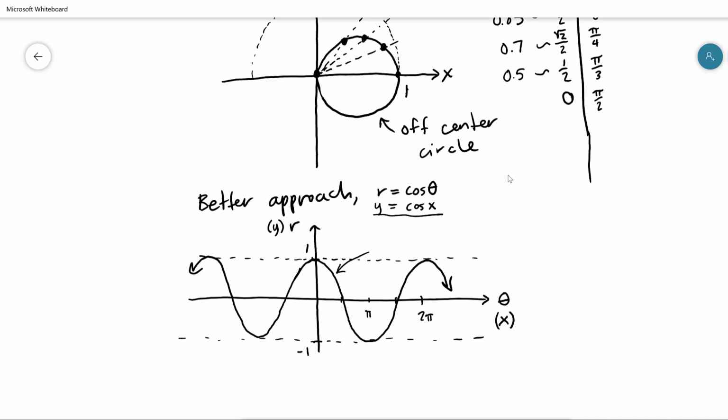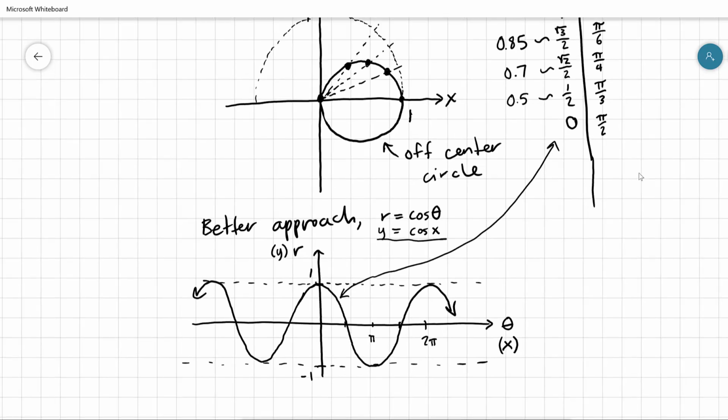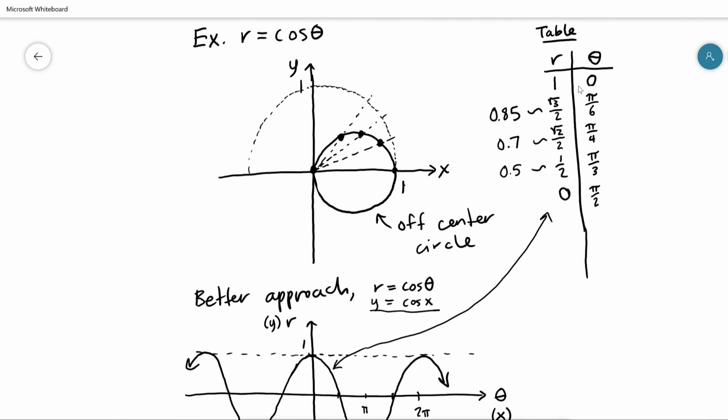This part of the graph right here matches what we just wrote in the table. We can think of starting at a value of theta of 0, so that would be right here, and figuring out what is the corresponding r. So here is theta equals 0 and r equals 1. That's exactly what gave us this first point. And as we go through this, we made it all the way up to this point.